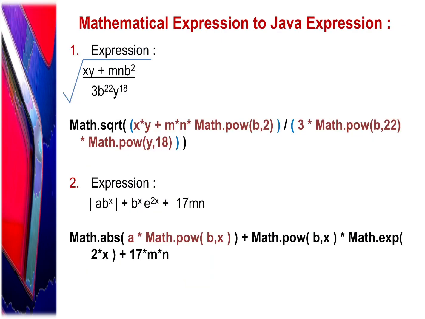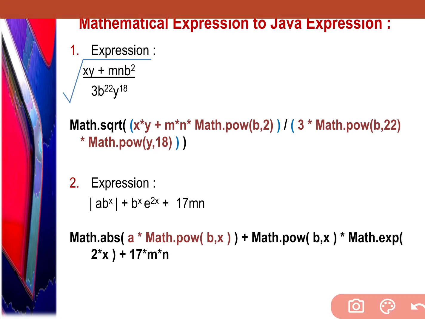See, the first Java expression: square root we are having. Inside the square root, one Java expression we are having. We have to write a Java expression inside SQRT. That's why the numerator divided by the denominator, the whole, we have to do inside SQRT.